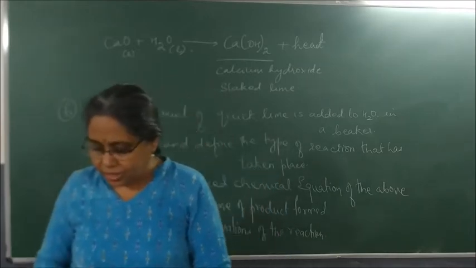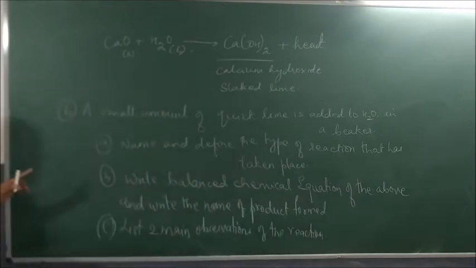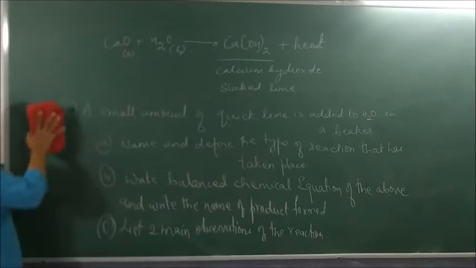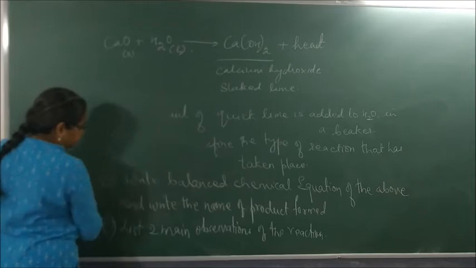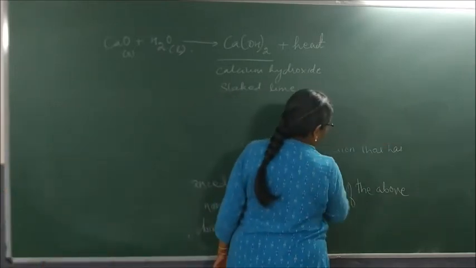Now for the next part, you have an internal choice for this question. There is one question like this and there is an OR question for the same. So we will write it as a different question. That is again 5 marks from the first chapter.